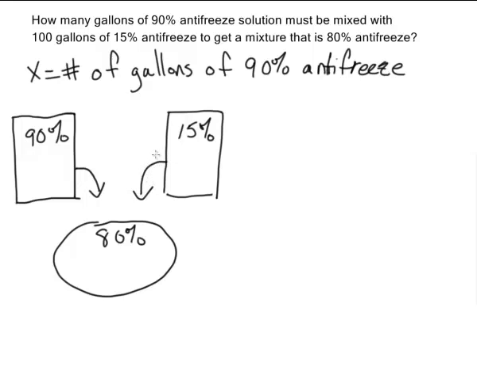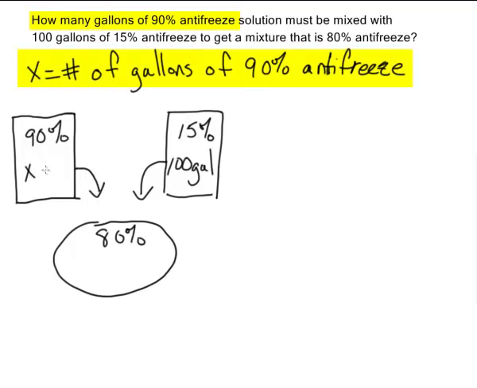Well, now we're missing some information here. We want to know how much is in each one. Obviously, all these containers are not to scale, but that's not really important. How much is in this 15% container? Well, it says right in the problem that it's 100 gallons. And then how much 90%? We've already set up that it's going to be x gallons.